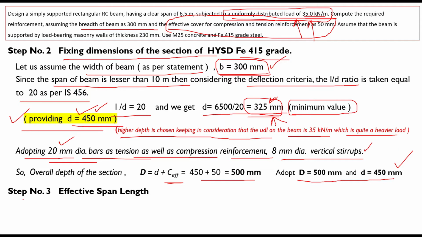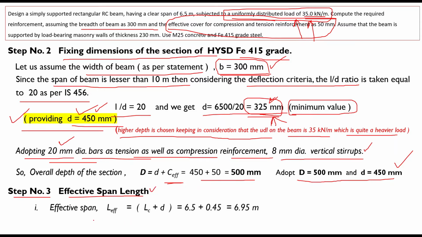Now step number 3, where we have to evaluate the effective span length. That means effective span length L effective, which we have to calculate. Even in the earlier design problem of the singly reinforced section, we have taken this effective span length based on the IS 456 guidelines.